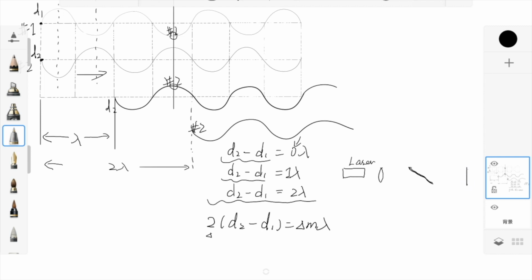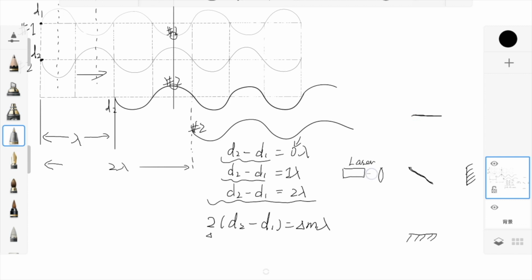After that is the mirror, which is a fixed mirror, and the other part is a movable mirror. And here we have a viewing screen.